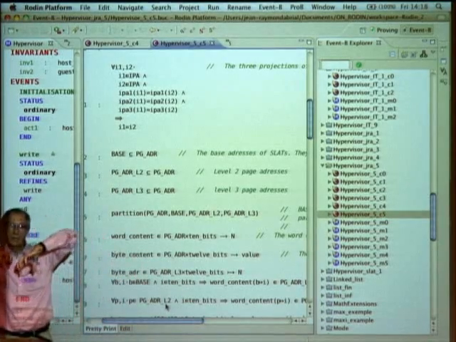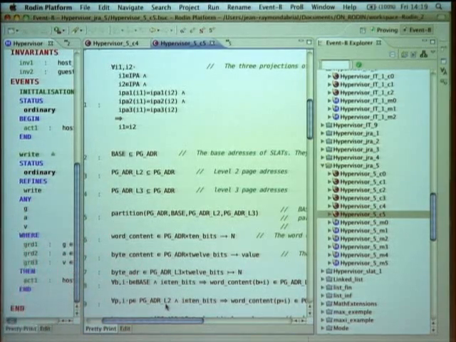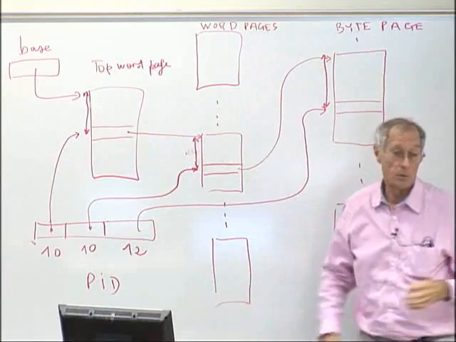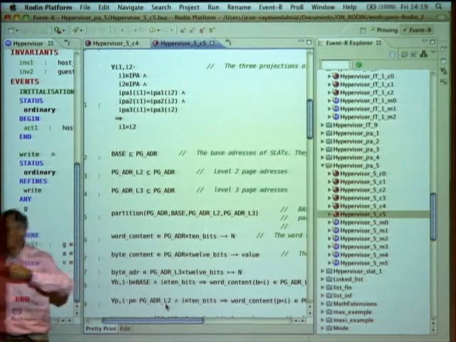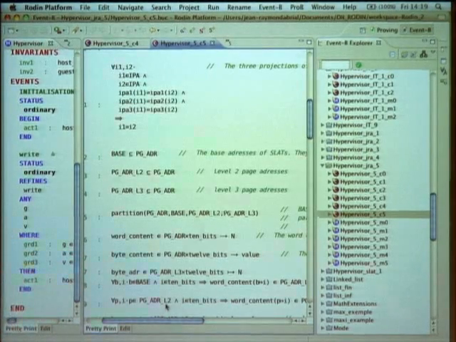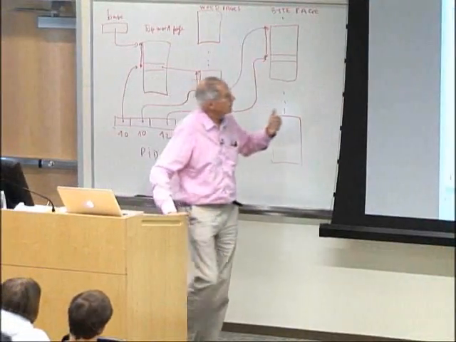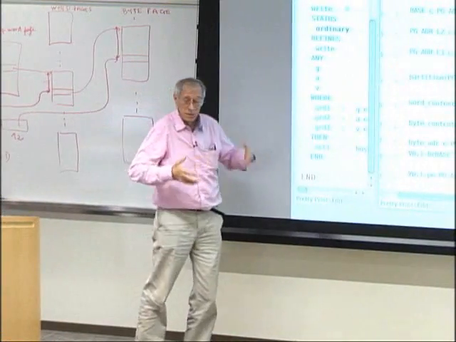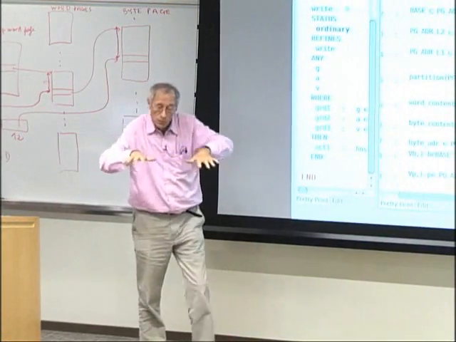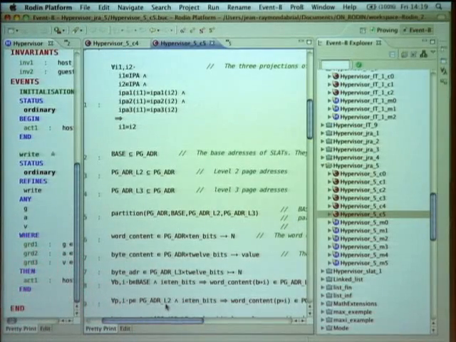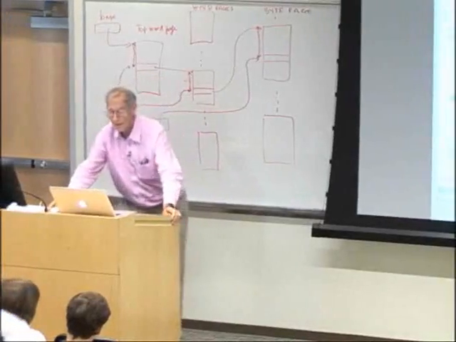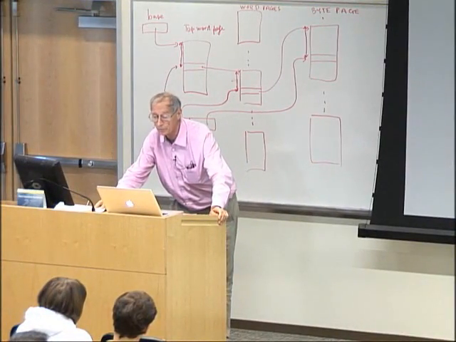So the fact that they are a partition means that their union of the three is exactly the page address, but their intersection is empty. So you see what I'm constructing here, little by little, is precisely this notion that will make the basic theorem that this implementation of the slat is indeed an injective function.